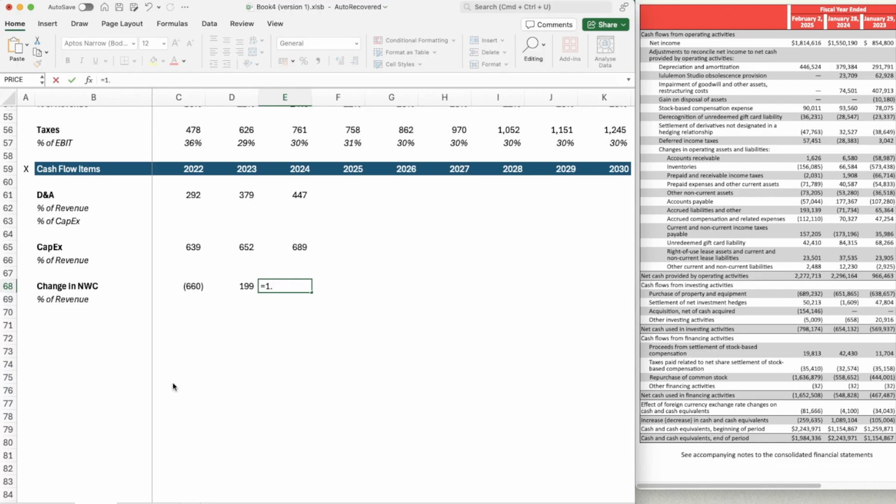Last, well, penultimate, 1.626 minus 156.085 minus 2.031 minus 71.789 minus 73.205 minus 57.044 plus 193.139 minus 112.110 plus 157.205 plus 42.410 plus 23.501 plus 2.488.